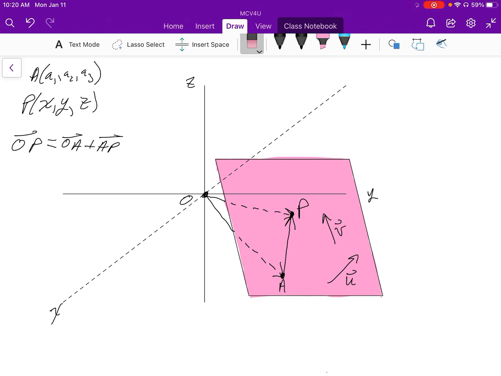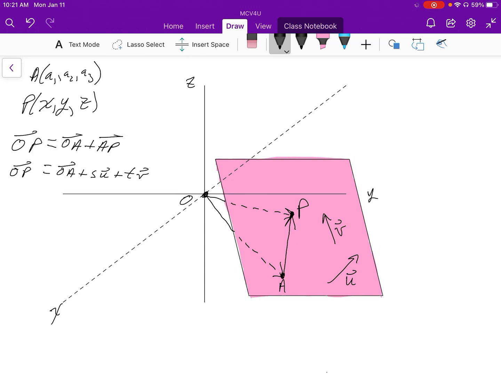We know that there's a linear combination of u and v that come up with AP. So we substitute the vector AP with some scalar of u plus some scalar of v, and they act as our direction vectors. So we actually can have two direction vectors, and when we have the second direction vector, we end up with a plane instead of just a line. We have to have those two.